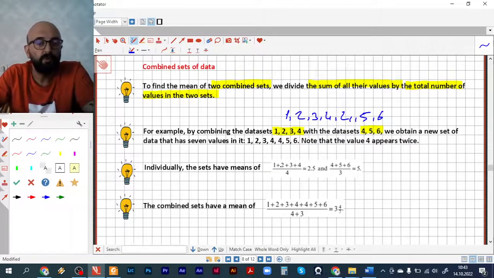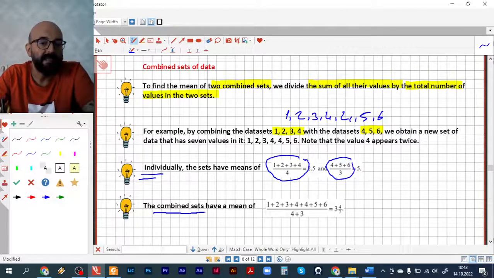And if you want to find the individual means, you should make this process for the first group. You should make this process for the second group. But if you want to find the mean of the combined sets, you should make this process.